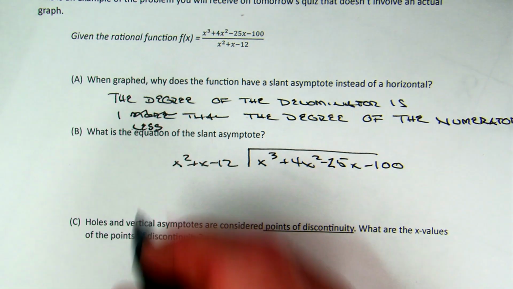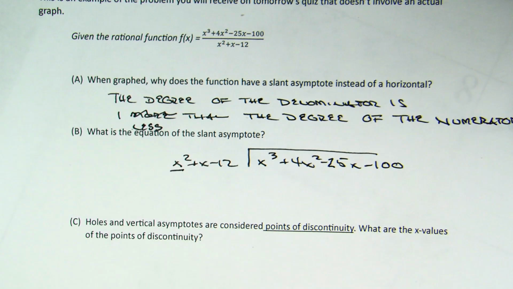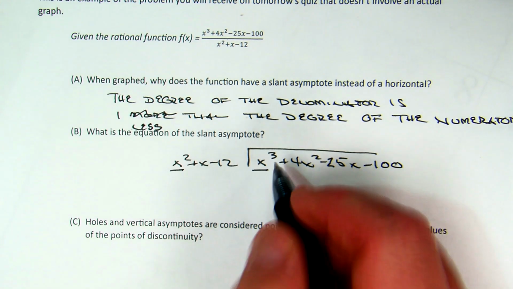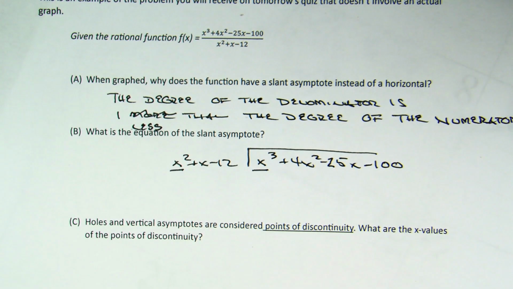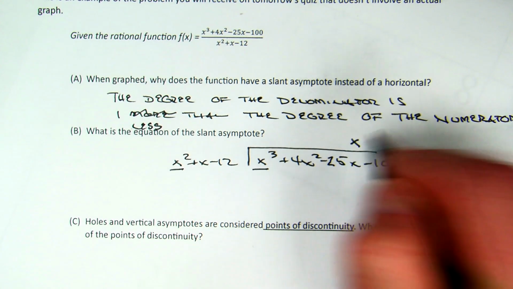You look at your first term outside, which is x squared, first term inside, which is x cubed, and you divide the inside one by the outside one. What's x cubed divided by x squared? X. Does everybody get that? And I'm going to put it right above the x.